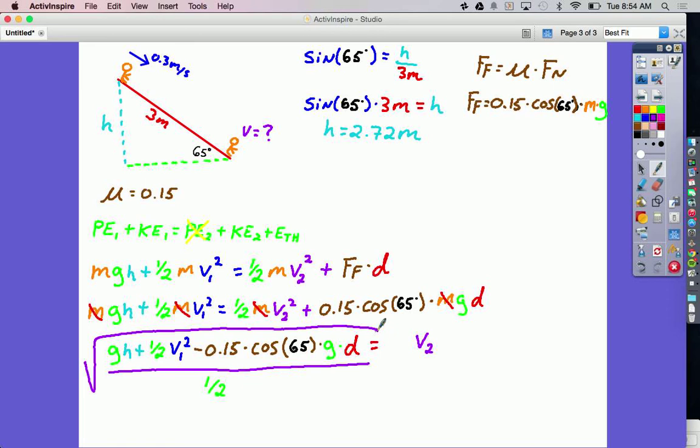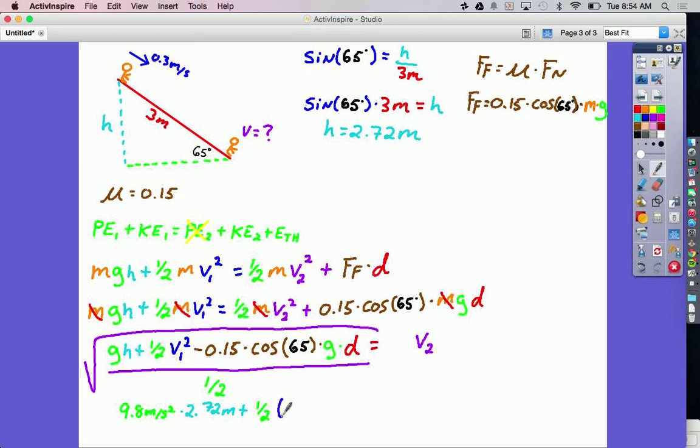So from here, we're just going to plug in the numbers and solve, and then we are done. I think maybe we can fit this all on this slide. Here, let's give it a try. So my G is 9.8. The H we solved earlier was 2.72. We've got the 1/2.